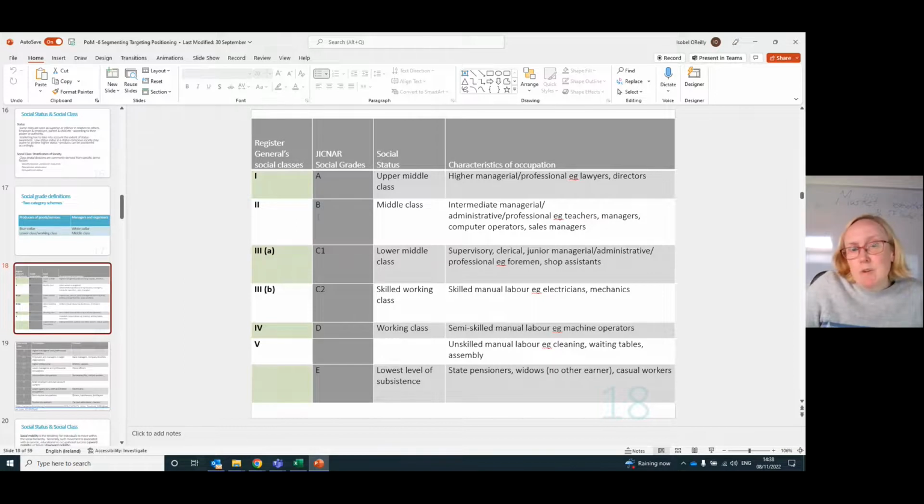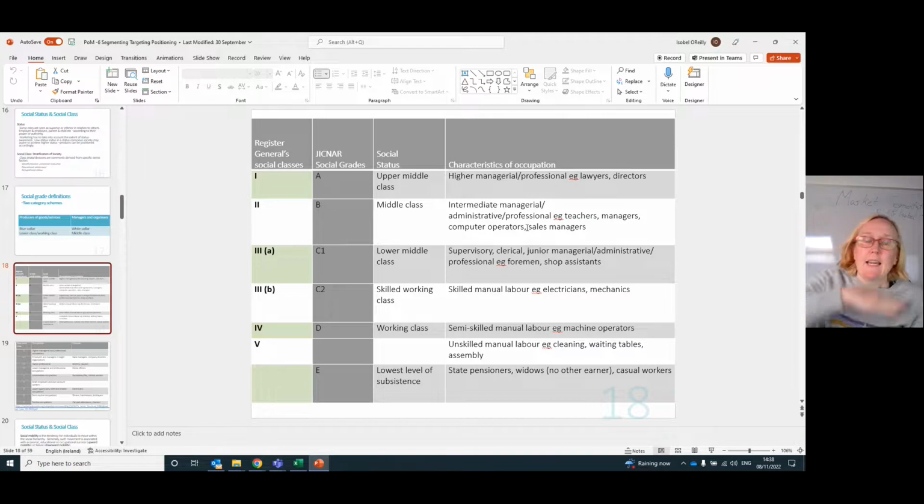So next we move on to B or 2, middle classes. And this is intermediate managerial. We had the upper managerial and professional and so on in the previous one. So middle management is what intermediate managerial or administrative professionals are: teachers, managers, the very old-fashioned term of computer operators, so obviously developers and that kind of thing, sales managers.